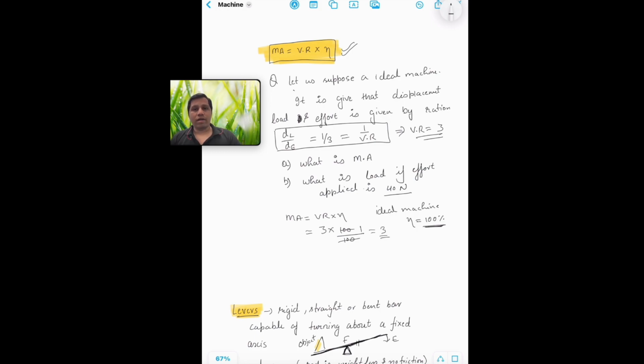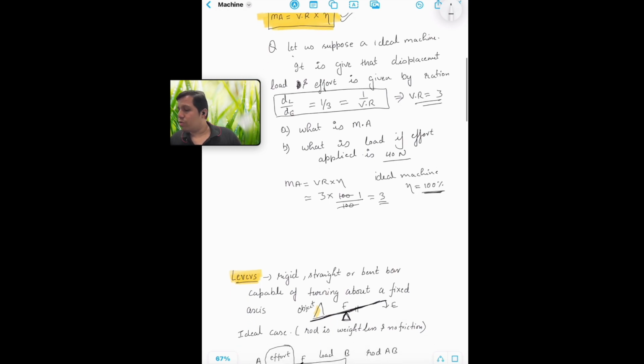So it shows that when we have an ideal machine, as we have learned earlier, the velocity ratio is equal to mechanical advantage, and that's what we have obtained here numerically.